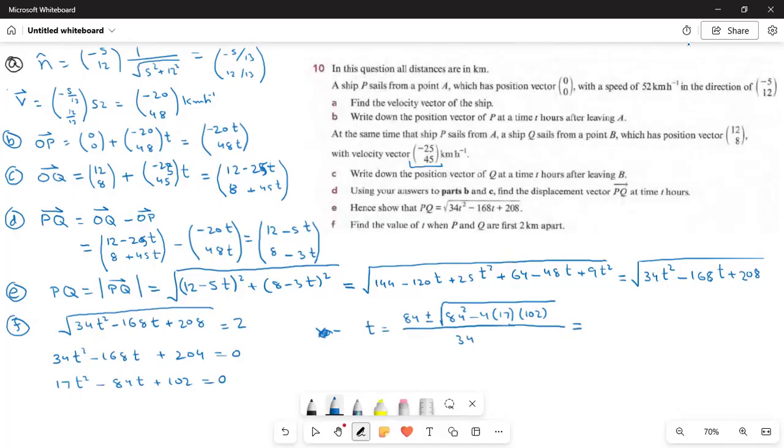When I solve this, I got two answers, 2.15 and 2.79. They're both in hours. The first time these two ships are 2 kilometers apart is at 2.15 hours. So t equals 2.15 hours. This is the value we will take as our answer.